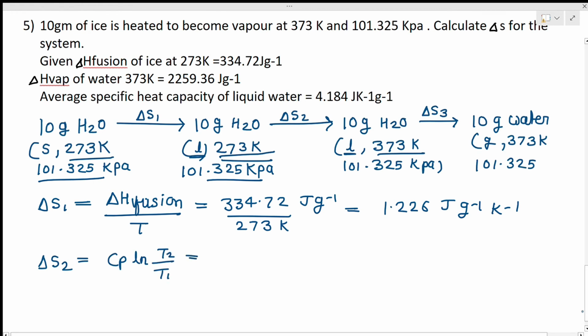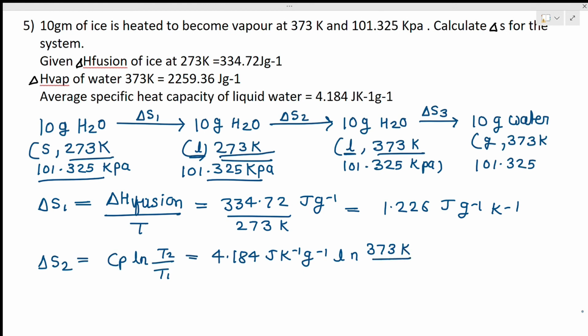Cp you have given 4.184 joule per Kelvin per gram, and natural log of 373 Kelvin divided by 273 Kelvin. So this will be equal to 1.3058 joule per Kelvin per gram.